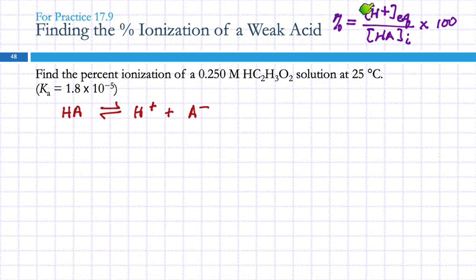Do we know right off the bat what the H plus concentration is? No, we don't. Do we know HA? Yeah, we do. So we have to find the hydrogen ion concentration. Okay, this is just like those first three problems. Draw an ICE table.